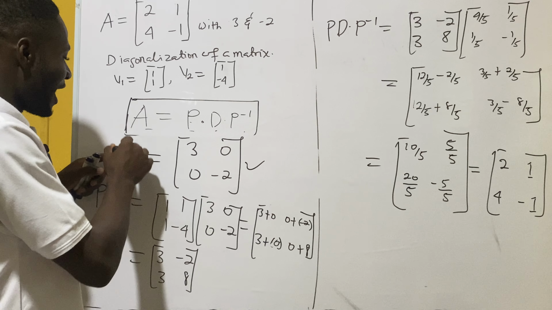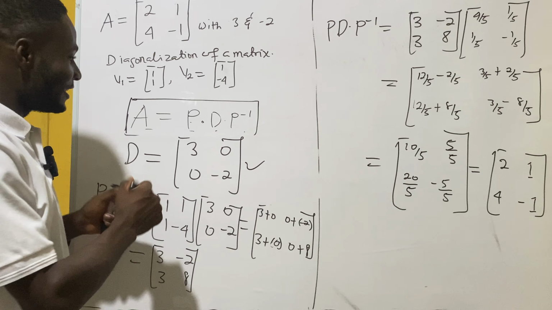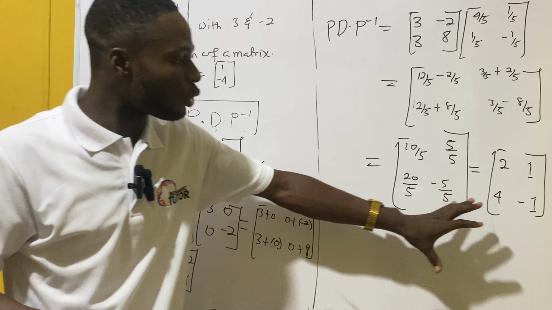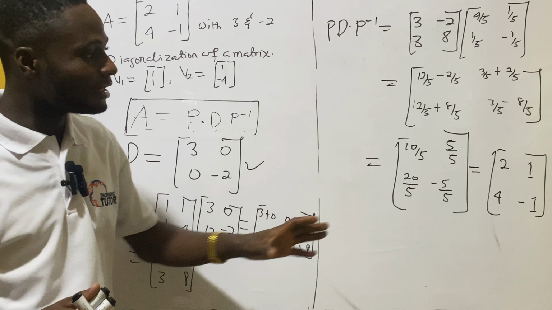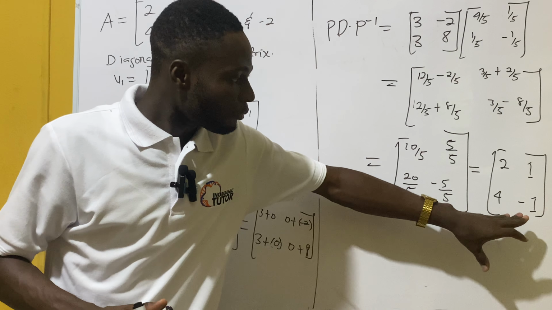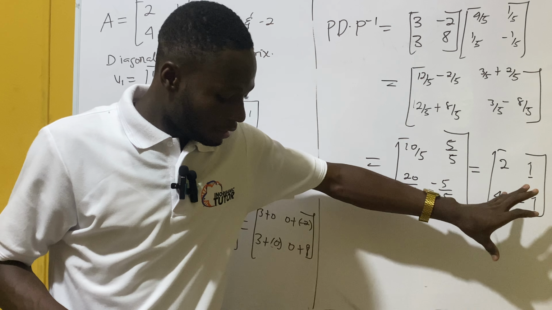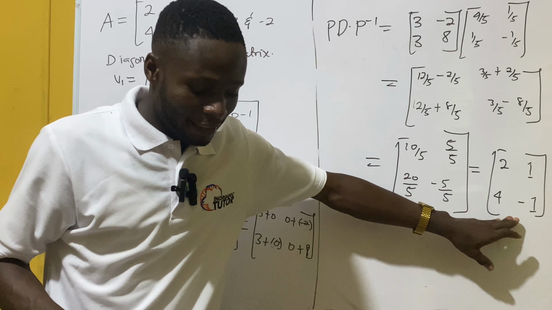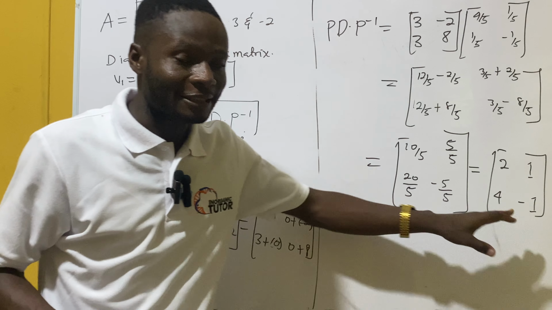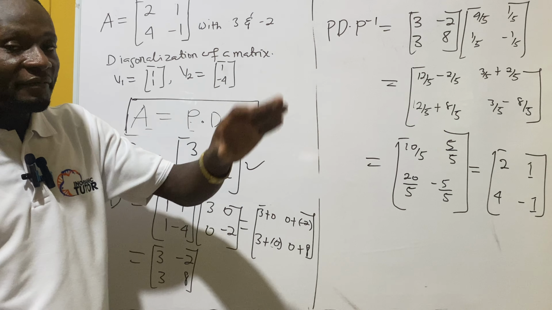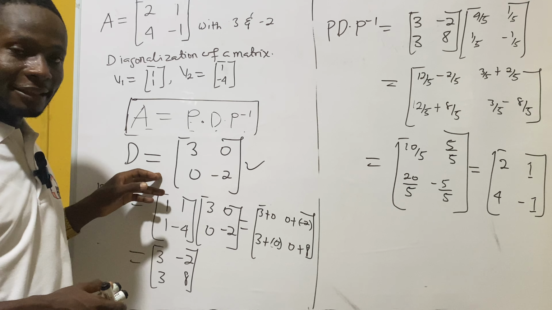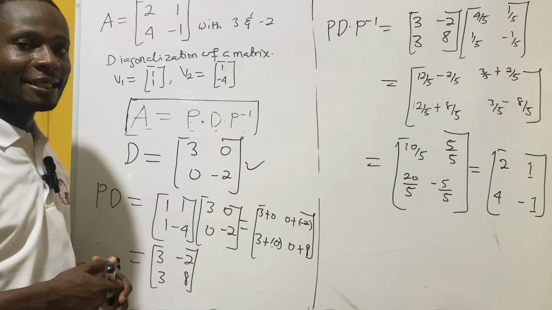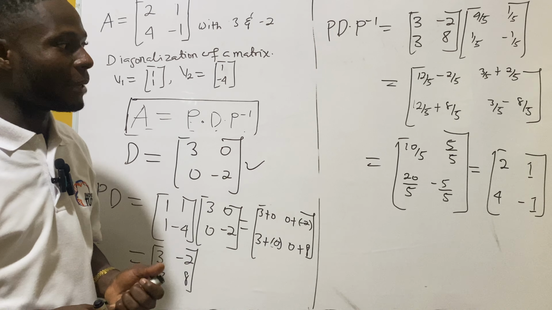I told you that once you have been able to successfully express A as PDP inverse, then you can say that D is indeed a diagonal matrix.